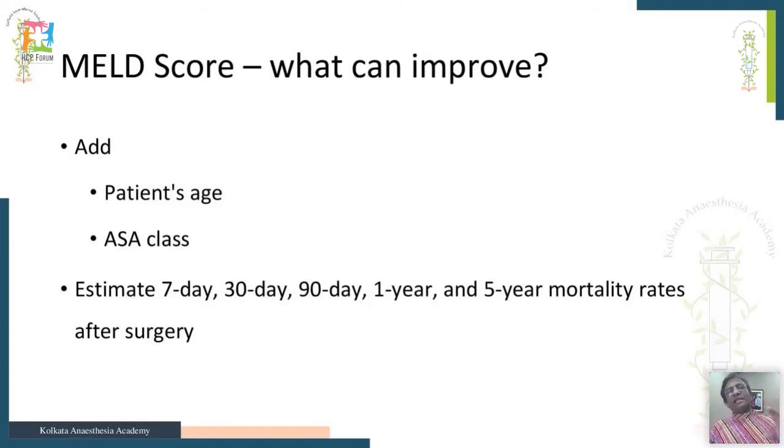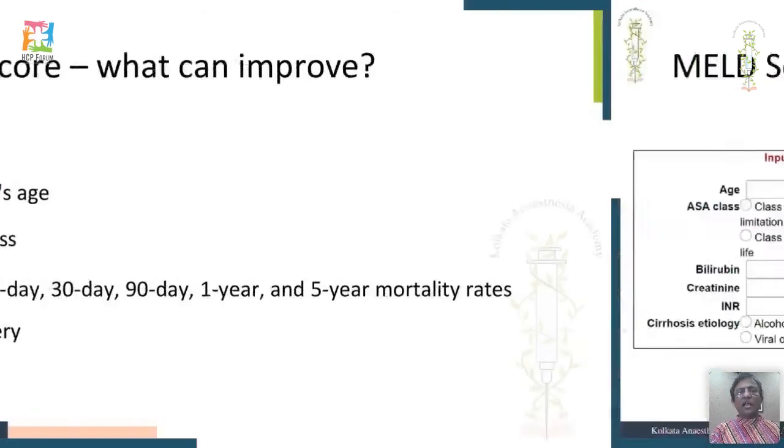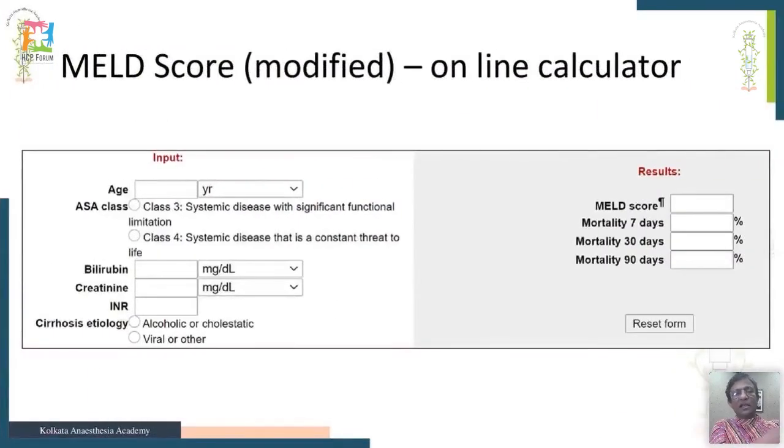What can be improved? People realized that if you add the patient's age and the ASA class, which takes in the other comorbidities, it gives you a better estimation. And this is the modified MELD score that I like to use most often, which gives you the age, the ASA class, and the same bilirubin, creatinine, INR, and what was originally removed, the cirrhosis etiology.